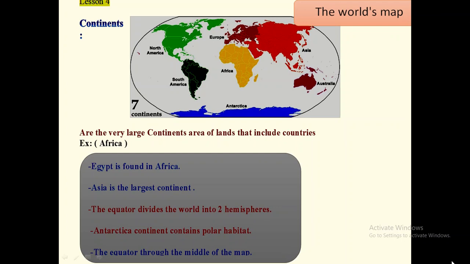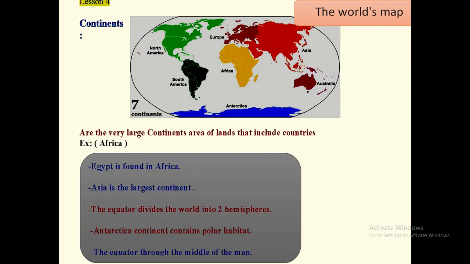Now we are gonna to have our 4th lesson, the world's map. Firstly, we are gonna to talk about continents. What is the meaning of continents? Continents are the very large areas of land that include countries, such as Africa.